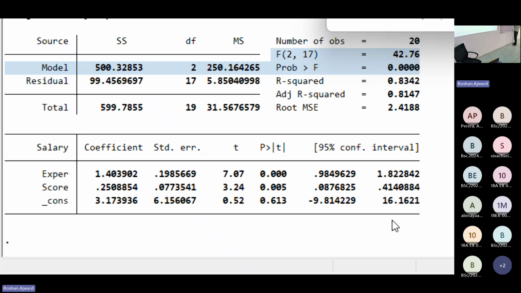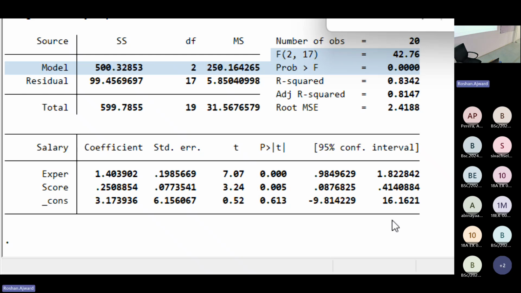Salary equals alpha plus, that's the intercept. Alpha is the intercept, so you can say beta 0.